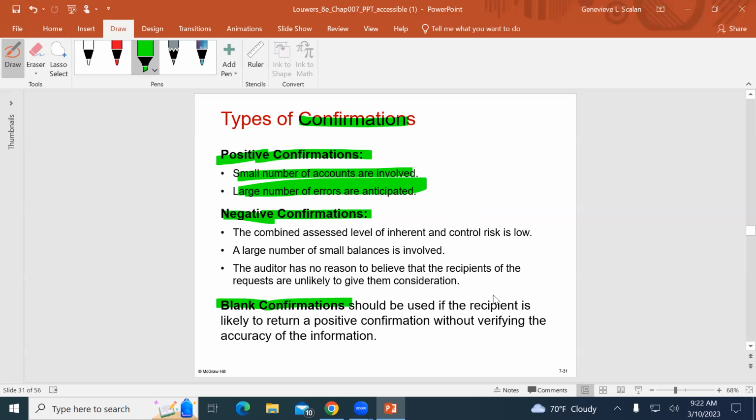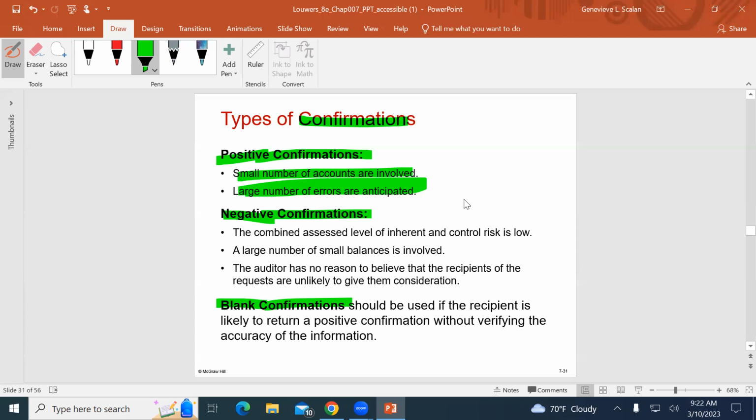Blank confirmation is for when you really feel there's a risk that the customer who receives your request is not going to pay attention to it, might not respond correctly, or might just throw it in the trash. So you're not telling them, hey, you're a customer of my client, my client says you owe them $500. Is that true?